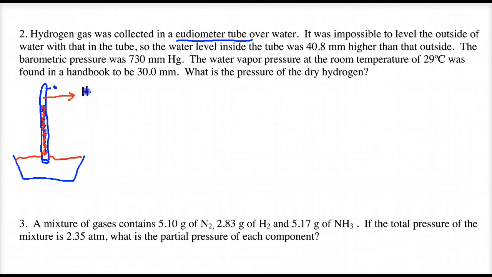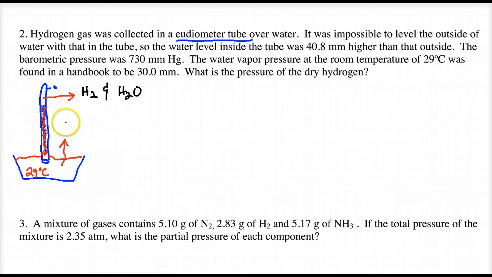But since we collected it over water, we got hydrogen and we've got water, because water is always evaporating. And we know the temperature of the water was 29 degrees Celsius. And that's important because it tells me exactly what kind of vapor pressure water has at that temperature, since water is always evaporating.